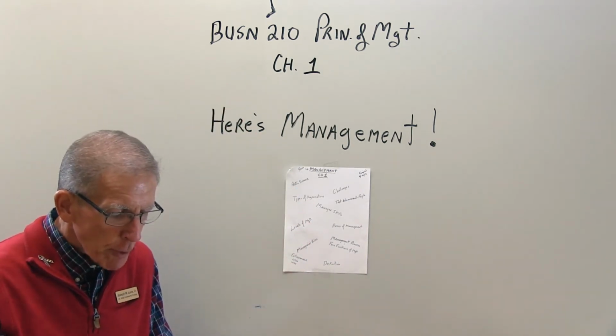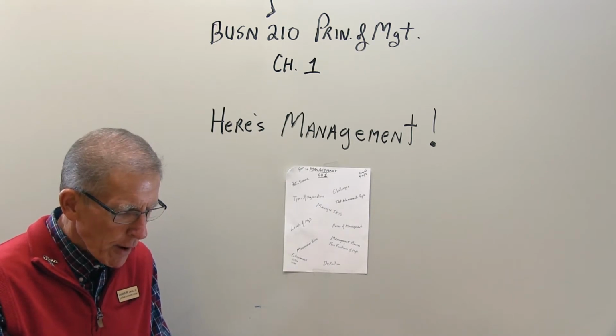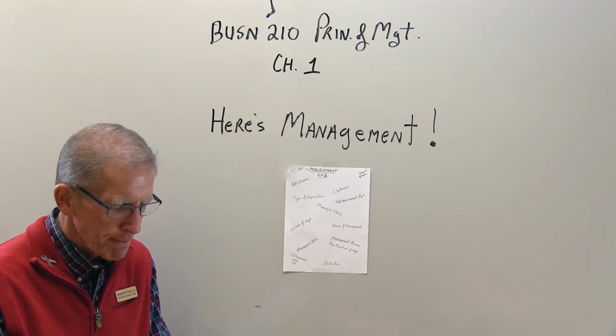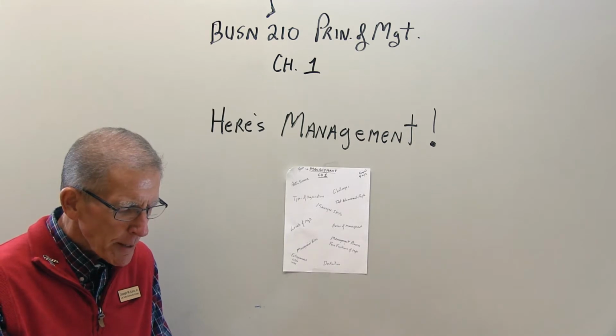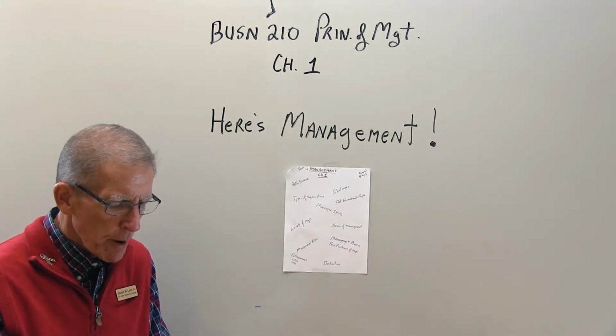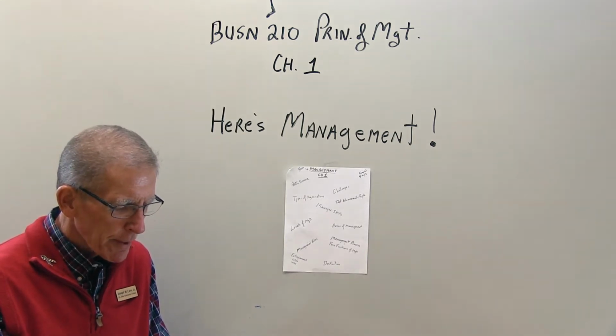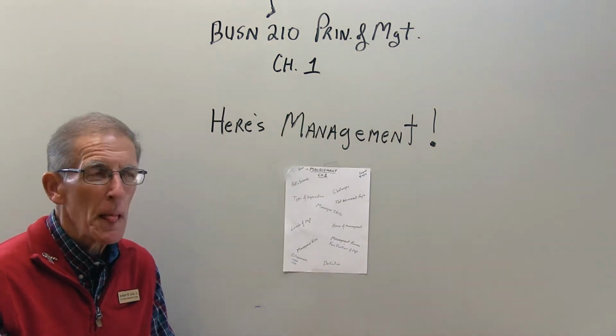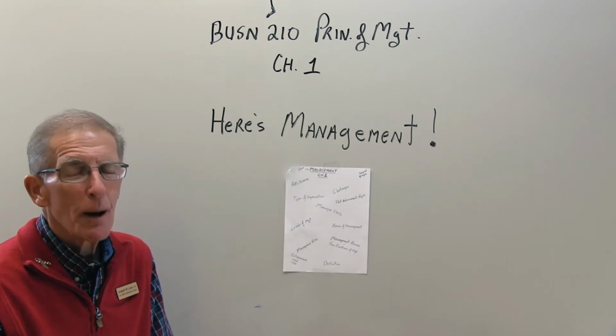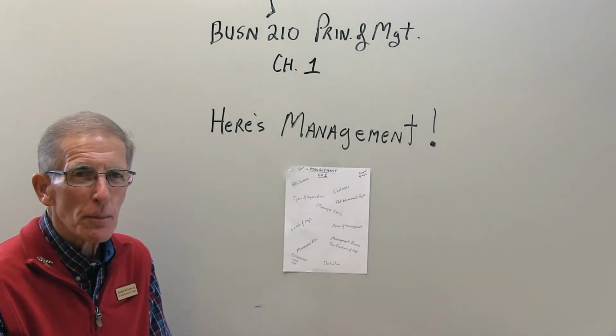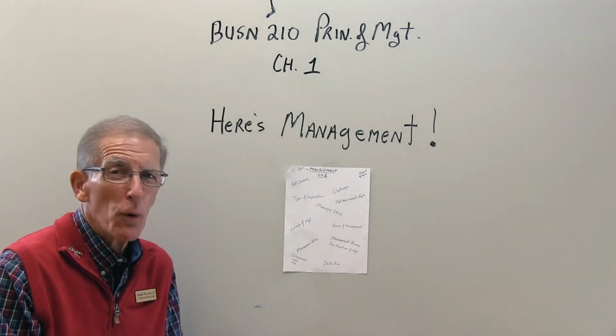So, the pursuit of organizational goals effectively and efficiently by integrating the work of people through planning, organizing, leading, and controlling the organization's resources. Is that an important definition? You betcha. Is it going to be on test number 1? Yeah, of course.